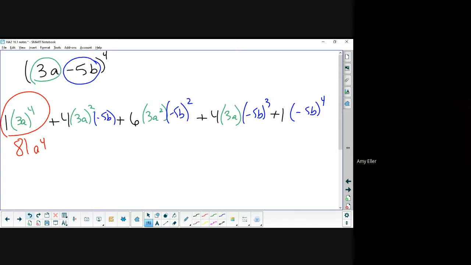Let's go to this term here. Maybe I want to simplify this up above before I write it below, because the 4 is just a normal 4. Minus 5b is pretty easy. But let's simplify this. This is 3a squared. 3 squared is 9. So let's write this is 9a squared.